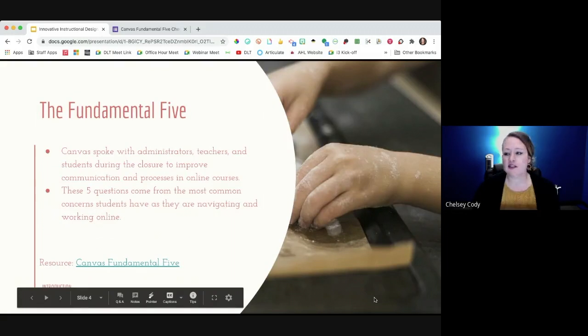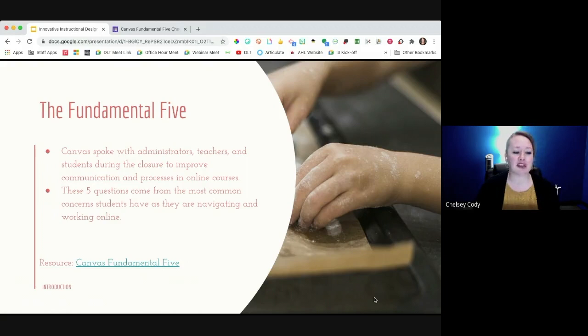So what is the Fundamental 5? I keep saying that, the Fundamental 5. Canvas spoke with administrators, teachers, students, parents, families during the closure, so during the COVID closure this spring, and they wanted to know how they could improve the communication processes of online courses, that virtual learning.